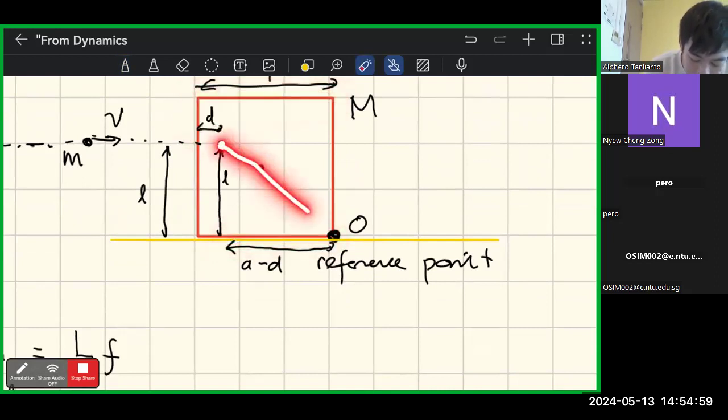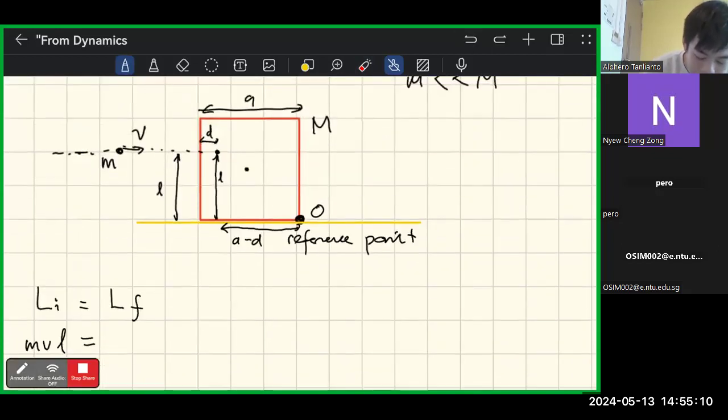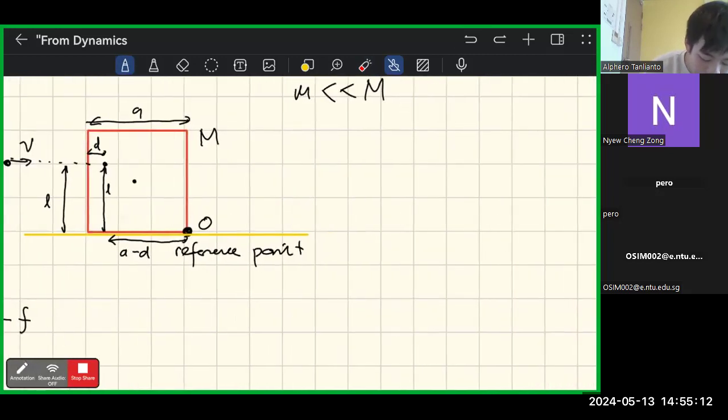Between this and the reference point is a minus d squared added by L squared. So it's m. The new moment of inertia, we have to find first, because the moment of inertia here is 1/6 of ma squared, but it's with respect to the center, right?